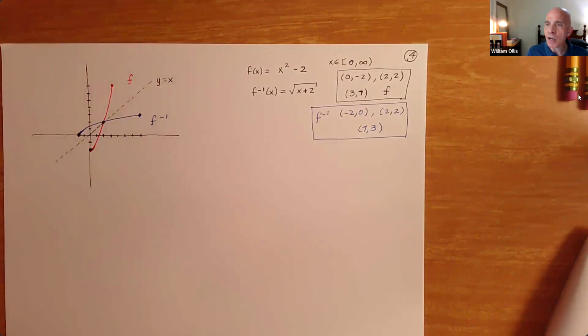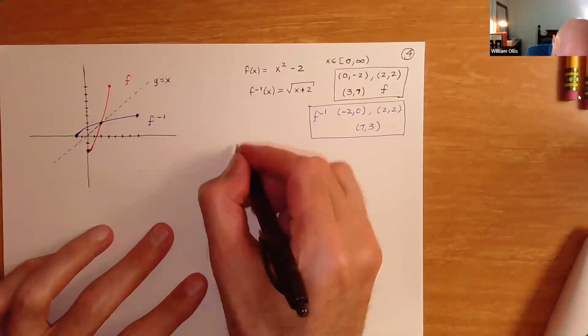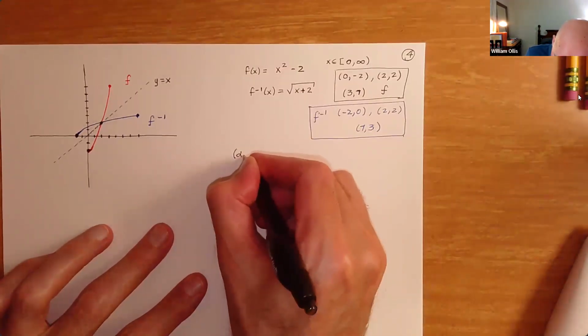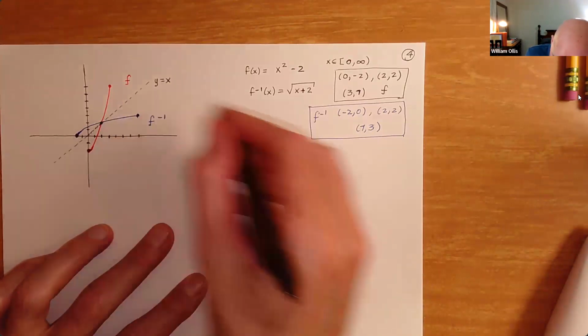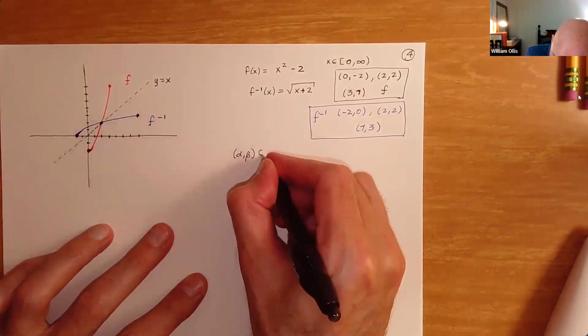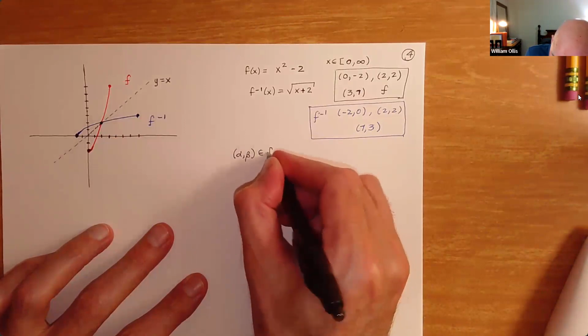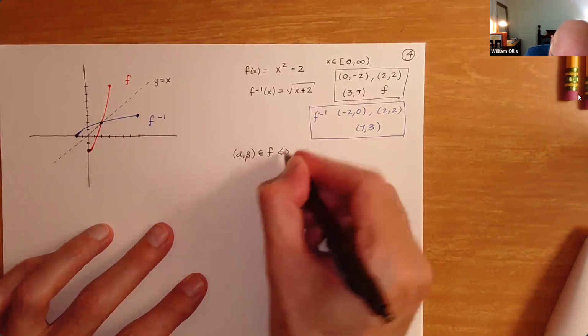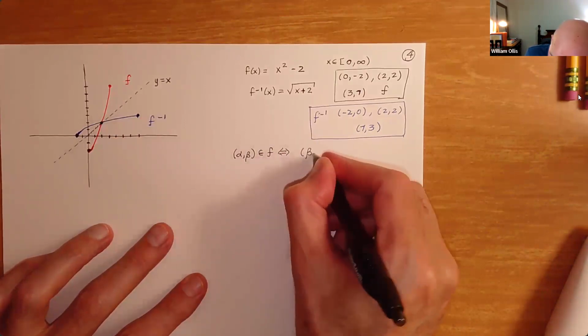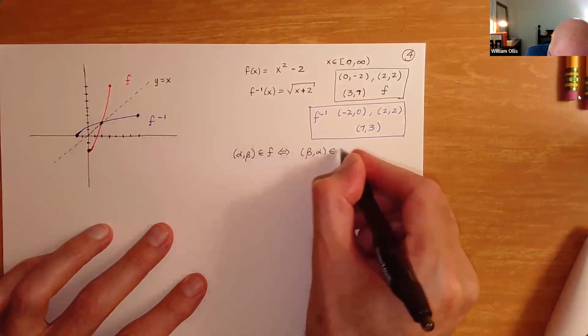Again, remember, we can often say, if we have a point alpha beta, for instance, using this scheme that we've set up, alpha beta is an element of F if and only if beta alpha is an element of F inverse.